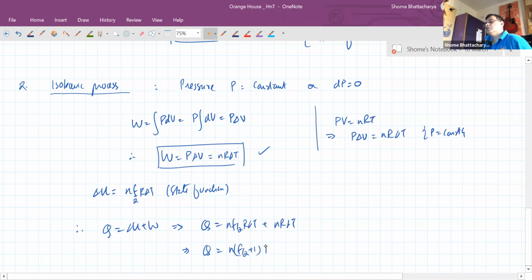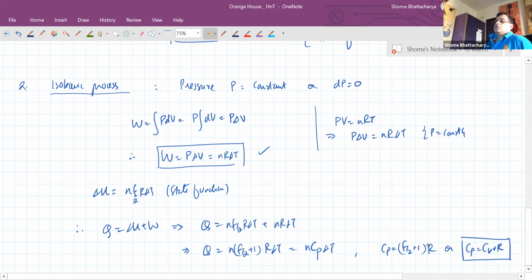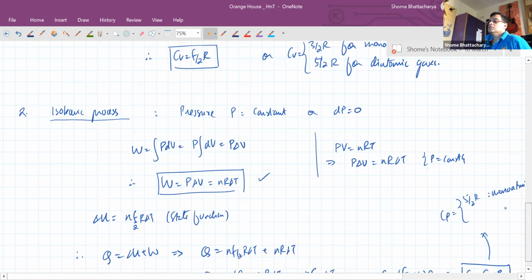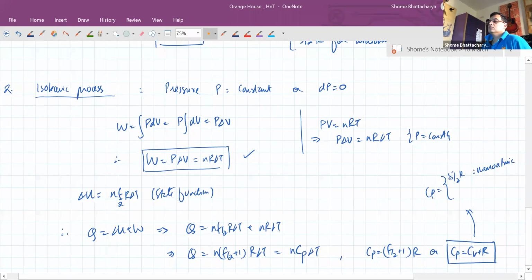You can express Q in this way, which is nCp delta T. So from here we also get the formula that Cp is (f by 2 plus 1) R, or that Cp is equal to Cv plus R. So there's another important formula here. So Cp is equal to 5 by 2 R for monoatomic gases, and becomes 7 by 2 R for diatomic gases.